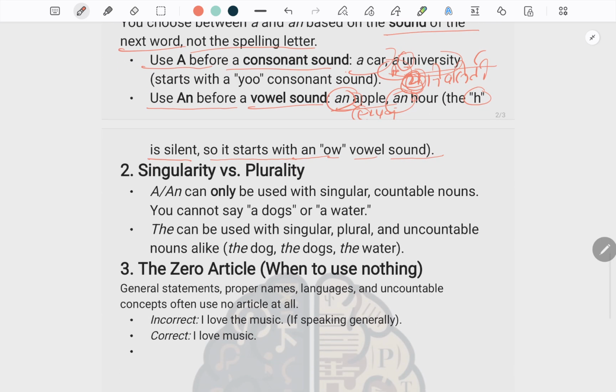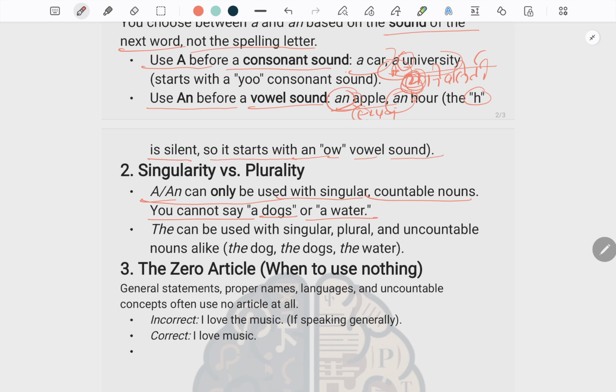Another rule is singularity versus plurality. A and an can only be used with a singular countable noun, meaning a noun that can be counted. In that situation we can use the indefinite article a and an. You cannot say a dogs or a water.